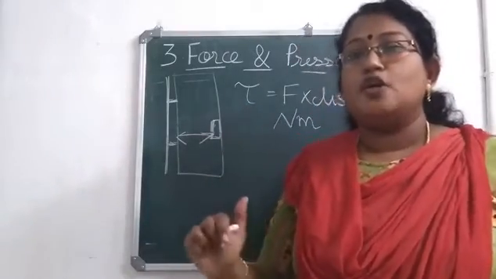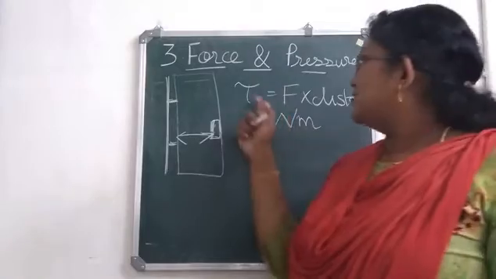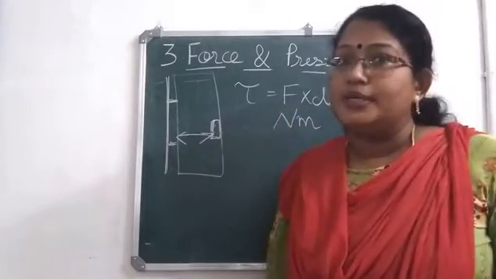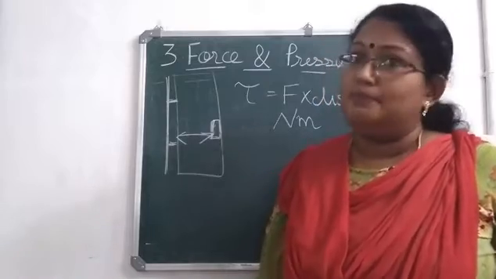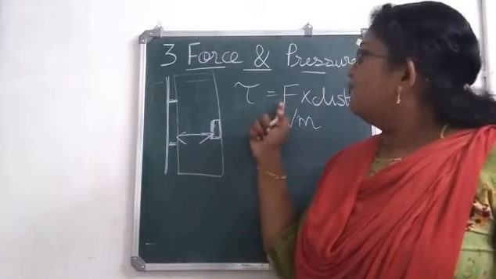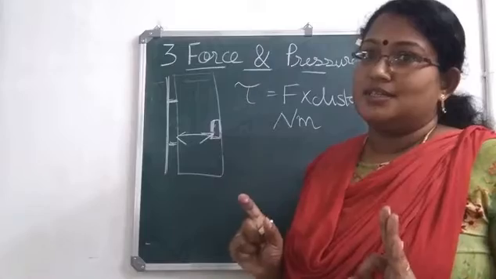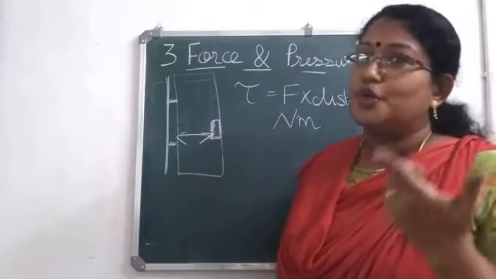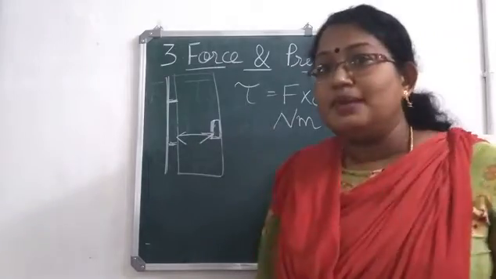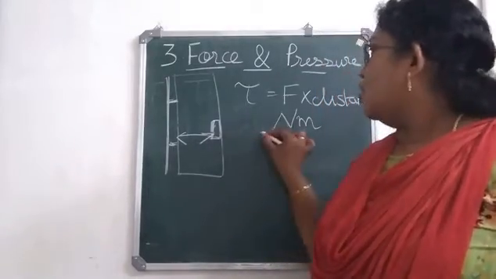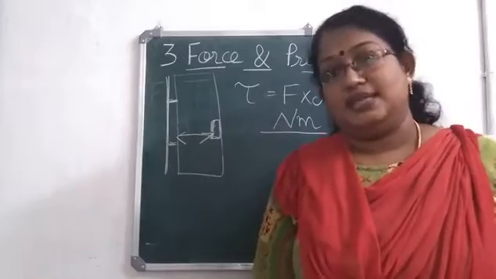Moment of force or torque is expressed using the unit Newton meter. Then how can you define this Newton meter? If 1 Newton force acts on a body to produce a displacement of 1 meter on a body, then the torque will be 1 Newton meter.